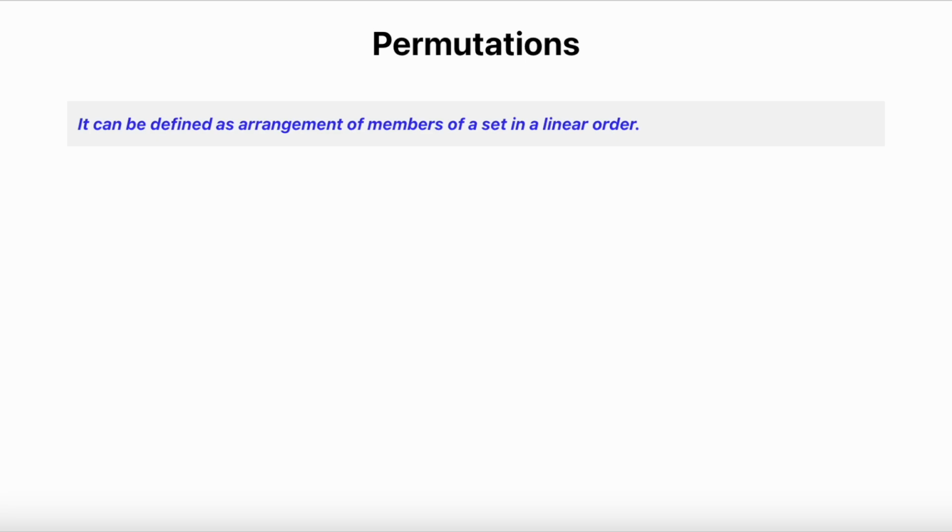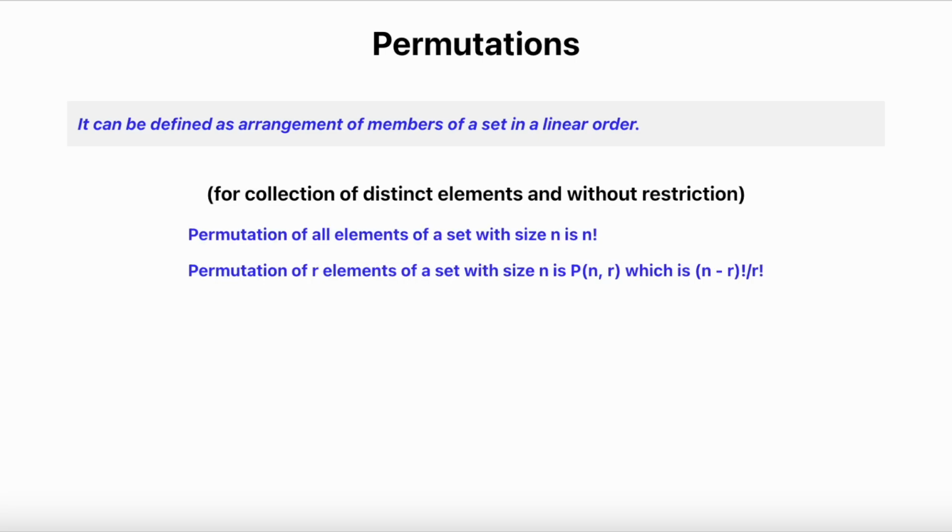Permutation can be defined as arrangement of members of a set in a linear order. There are two types of permutations for a set of elements. One type is without restriction, where all elements or a specified number of elements of a set are arranged without any restriction. Formulas for finding the count: permutation of all elements of a set with size n is n factorial.